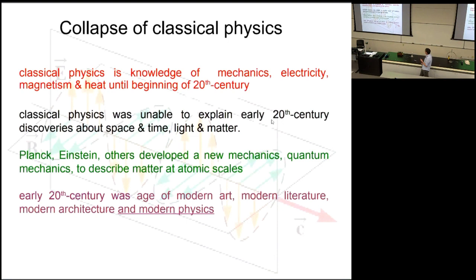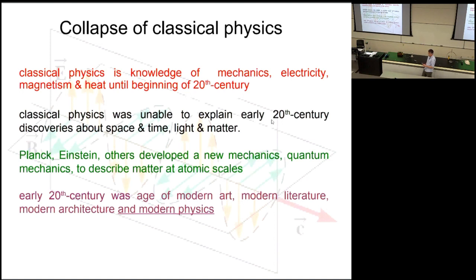In that setting, classical physics collapsed. What we call classical physics is our knowledge, our understanding of mechanics, what you talked about in Physics 211, that's part of classical physics, electricity and magnetism, what we talked about in the first half of the semester up until we went off on spring break, and then finally heat. That's the other part of classical physics.